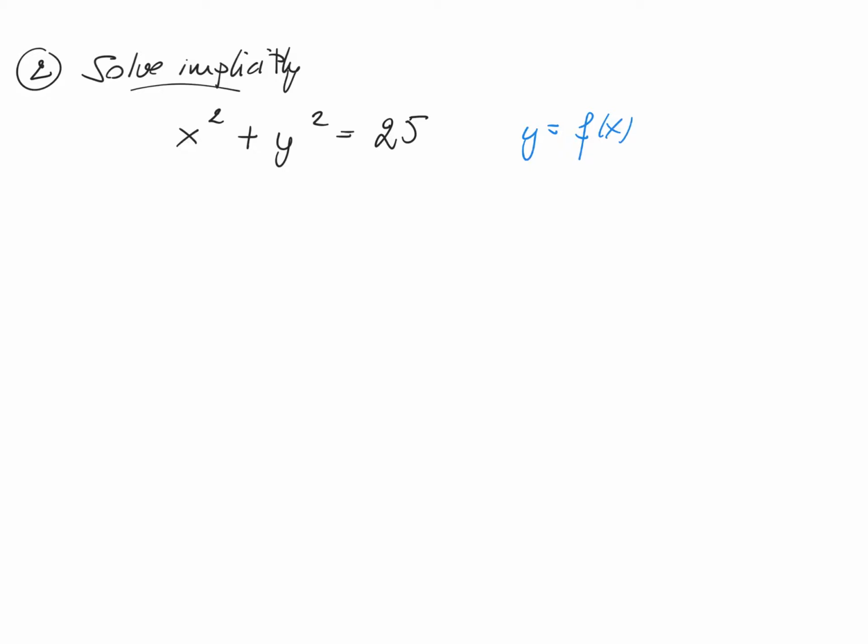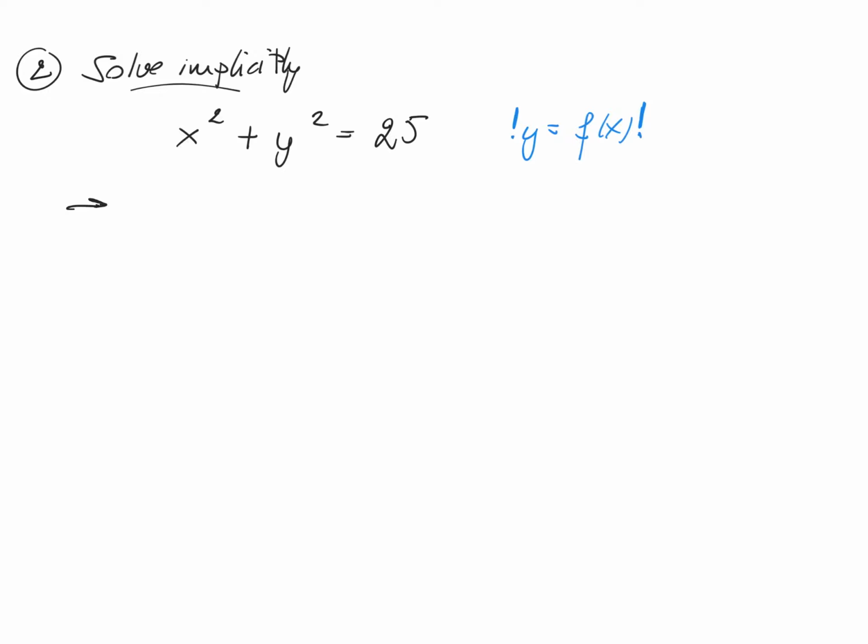So y is a function of x without explicitly defining the function. So y is f of x, but it means also that if we derive with respect to x, we also have to derive y. This is very important. This is the most important step in the implicit differentiation. Understand or assume that y is a function of my variable x.